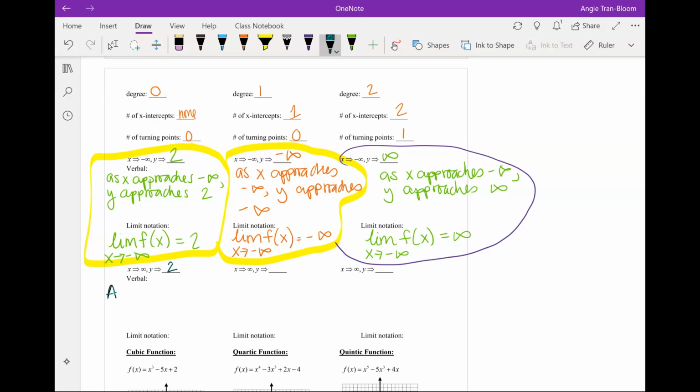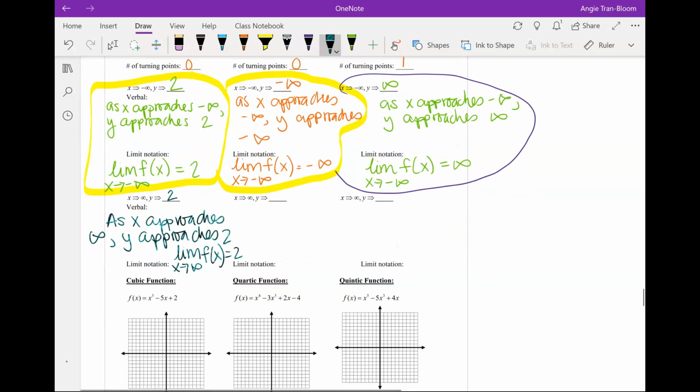So as x approaches infinity, y approaches 2. Okay. And limit notation, limit as x approaches infinity of f of x equals 2. We'll write them all at the same time.